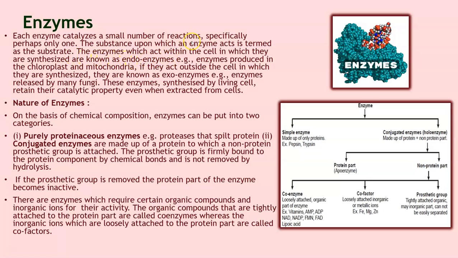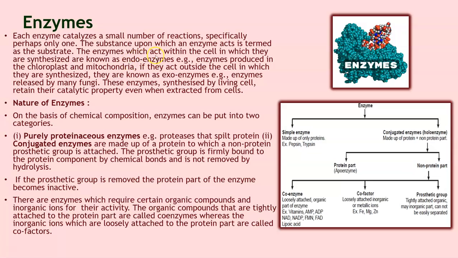The enzymes which act within the cell in which they are synthesized are known as endoenzymes. Example, enzymes produced in the chloroplast and mitochondria. If they act outside the cell in which they are synthesized, they are known as exoenzymes. Example, enzymes released by many fungi. These enzymes synthesized by living cells retain their catalytic property even when extracted from the cells.